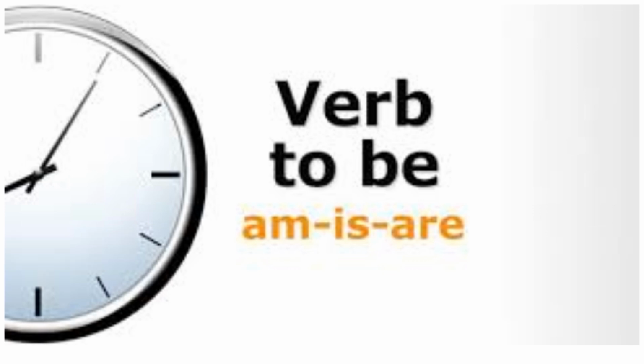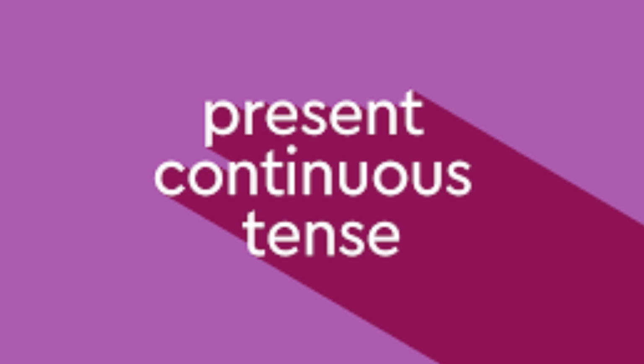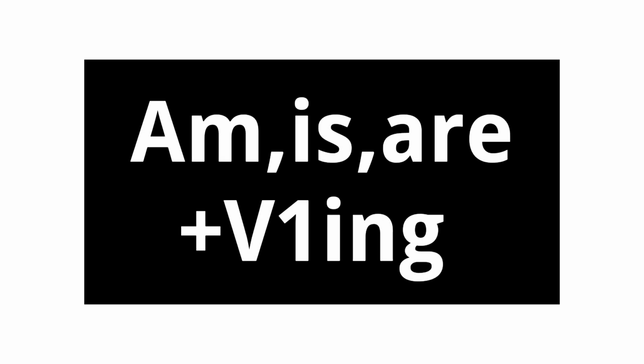These are the main be forms that we make use in present continuous tense, along with the main verb, that is V1 plus ing. Okay, the best method to identify the present continuous tense is whenever I come across the be forms, that is am, is, and are in the sentence along with V1 plus ing form, that is nothing but the present continuous tense.